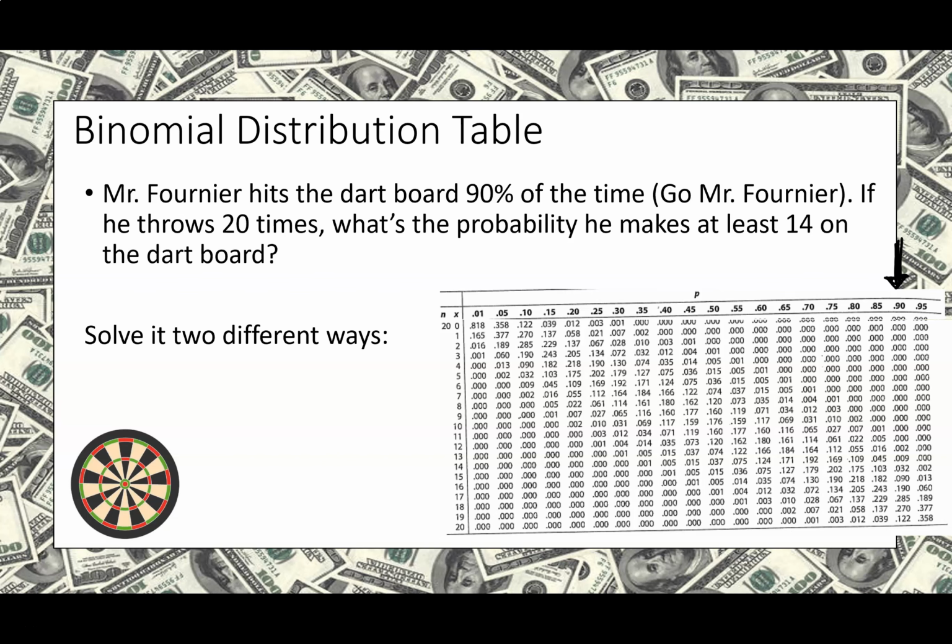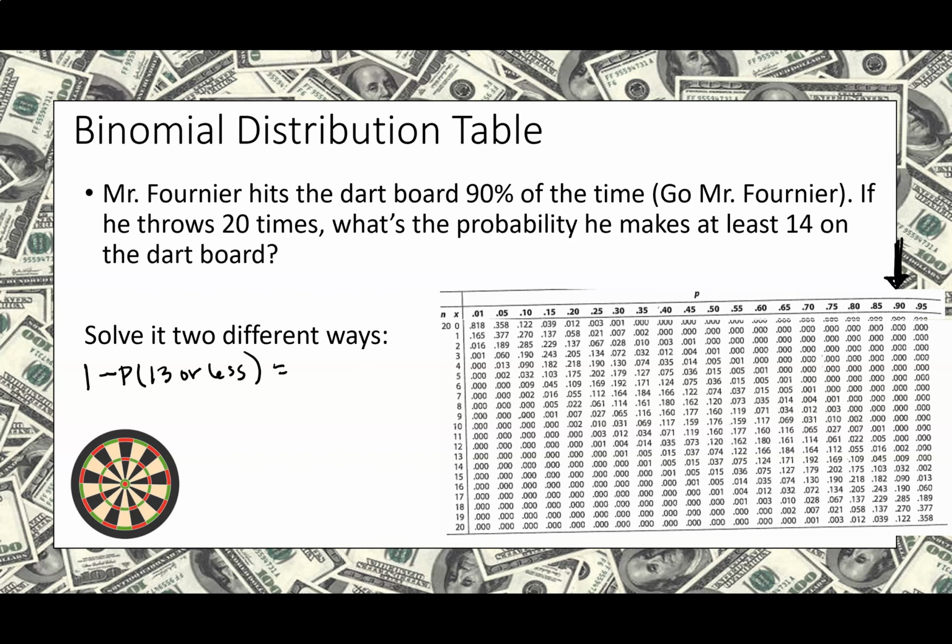The first one is 1 minus the probability. Well, what's the opposite of at least 14? Well, that's going to be 13 or less. Right, because isn't 13 not at least 14? Yeah, and less than 13, like let's say 7, that's definitely not at least 14. So that's the opposite.